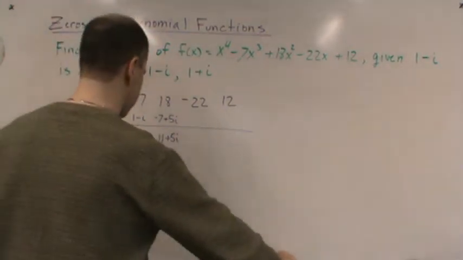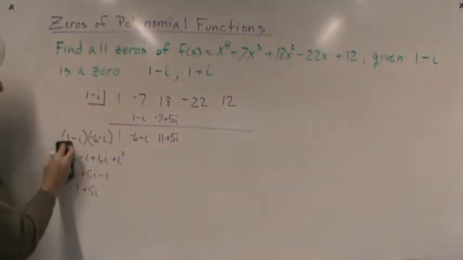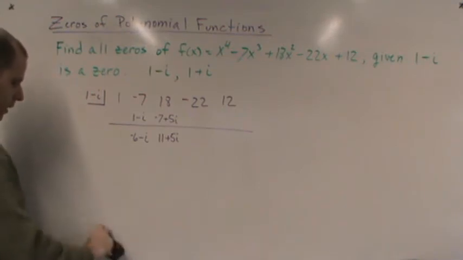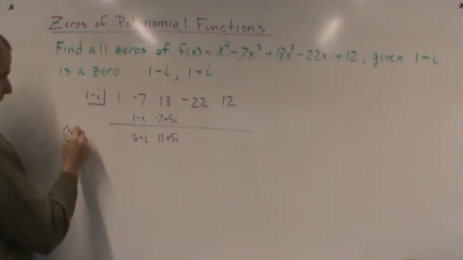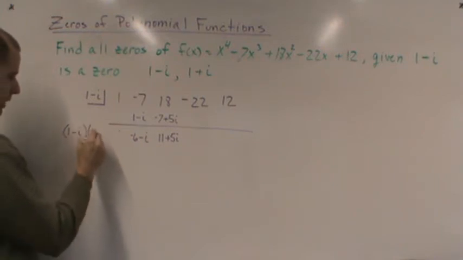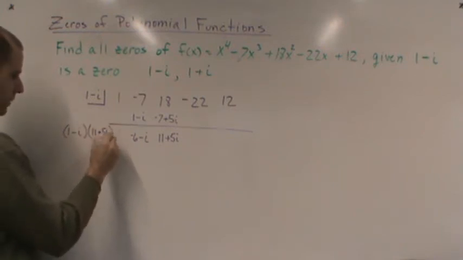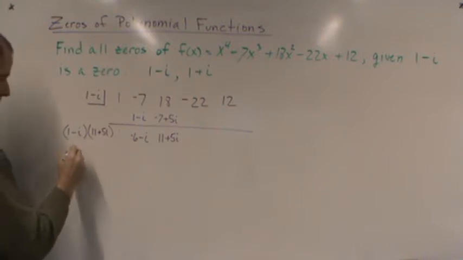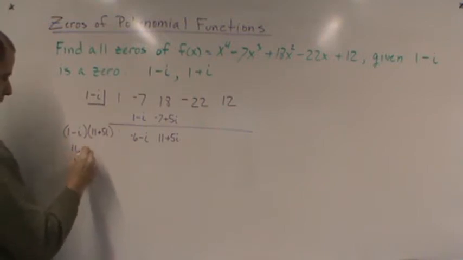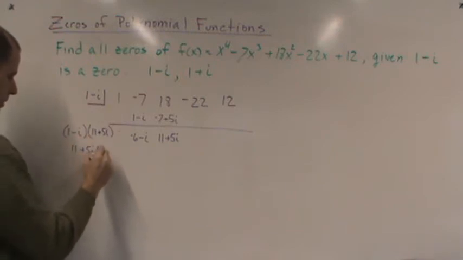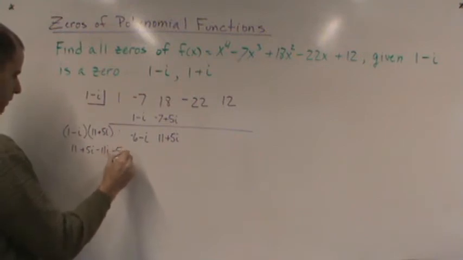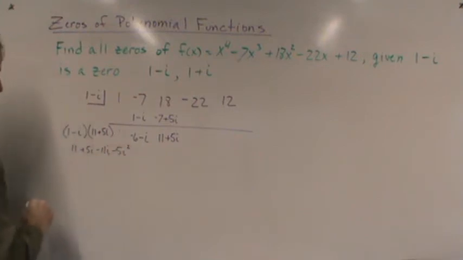Okay, so now I'm going to do the same thing again. So now I'm going to do my scratch work off to the side. I'm going to do 1 minus i times 11 plus 5i. And so I'll get 11 plus 5i, and then I'm going to get negative 11i minus 5i squared.